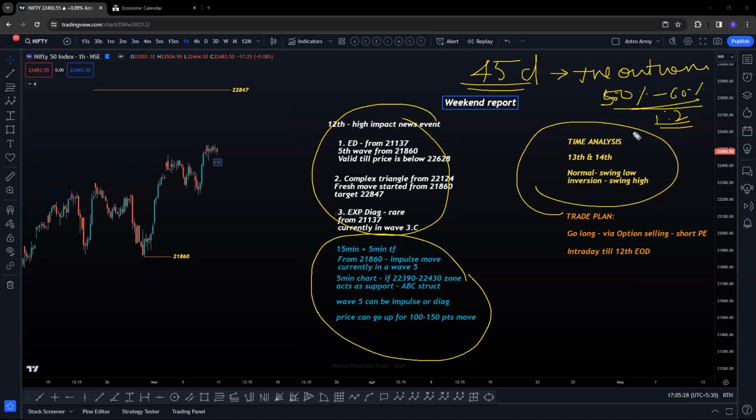Without that, forget trading. You go by subscriptions, you go by tips providers, it's up to you how you want to manage. Trust me, there will come a time when all these tipsters, all these people will get a big jolt from the market. So my only prayer, or request to you guys, is to focus on your self-reliance. I'll help you as much as I can. I also have some commitments.